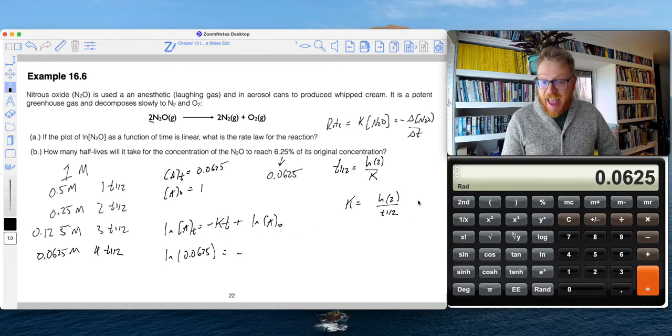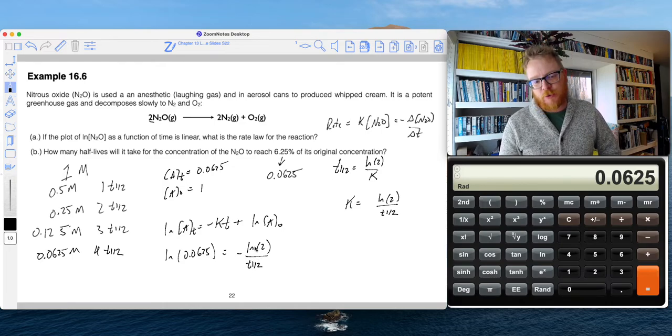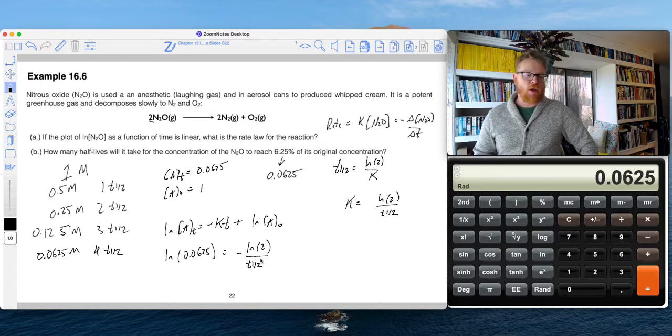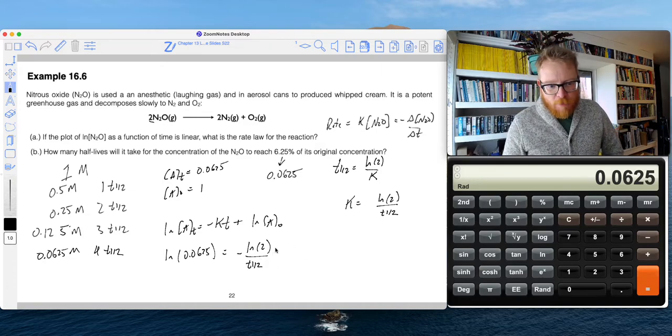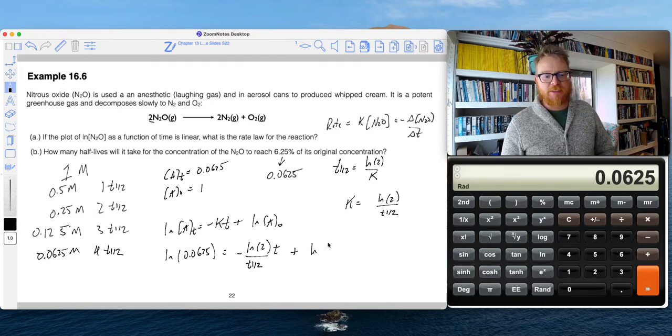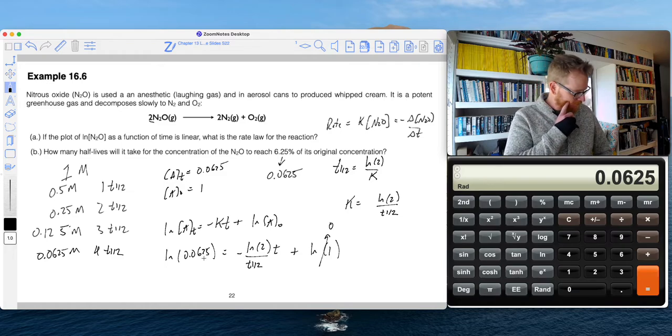I know that k I can replace with the natural log of 2 all over t 1/2. I could have put the 0.693 in there, but you'll see why in a minute. I kept it as natural log of 2. I can also now multiply that by time t. And then that's plus the natural log of 1, which we know drops out to 0. I'm going to leave this as is.